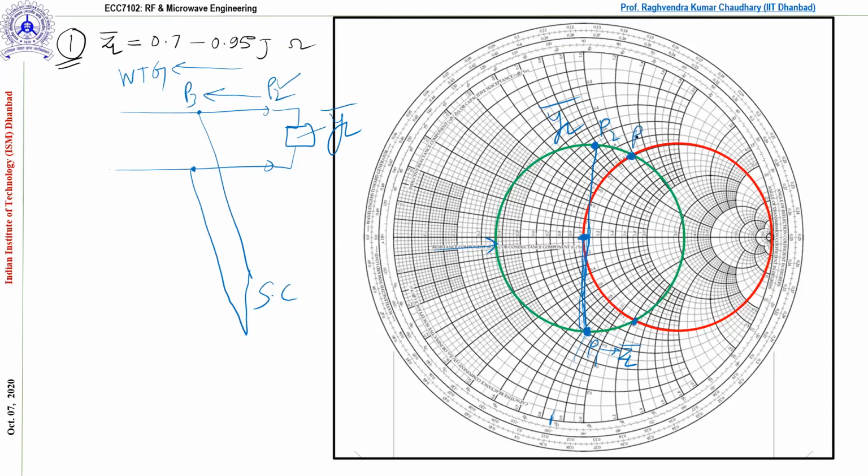One is, let's say, P3, another is P4. So there are two possible solutions, as I told you. P3 and P4 will be providing these, and we need to see the G is equal to 1 circle, correct? The reason is clear why we want the G is equal to 1 circle. Fine. So now let us talk about particularly point P3.